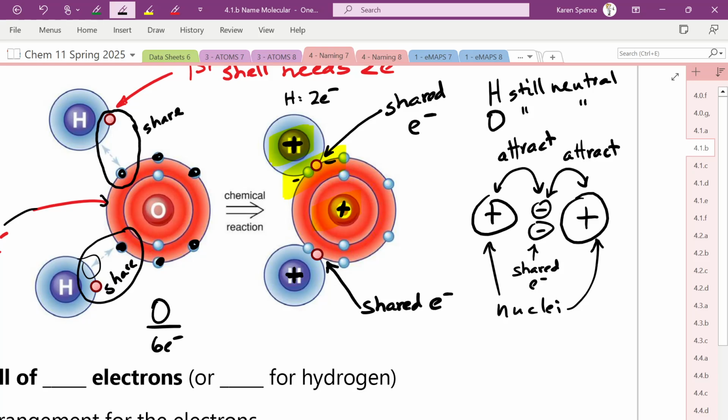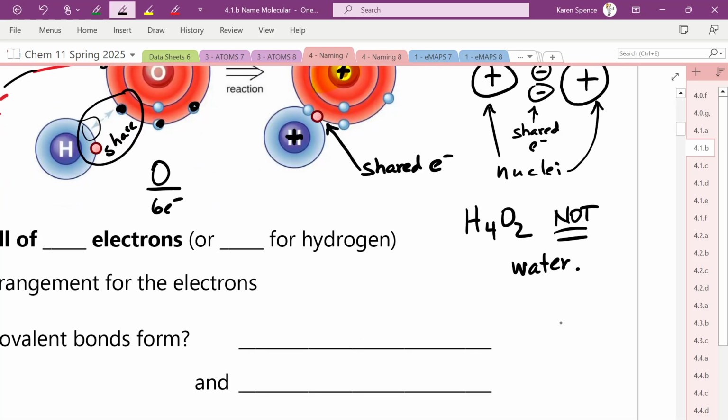Would it be possible for H2O to be H4O2? Is that water? No. H4O2 is not water. H2O is water. Yes? And there's no way we could have a molecule that's bigger than, we can't have like O, O, H, H, H, H. There's no such molecule.